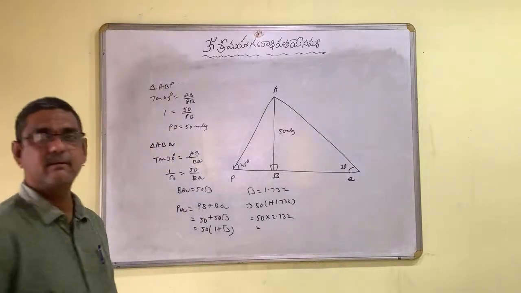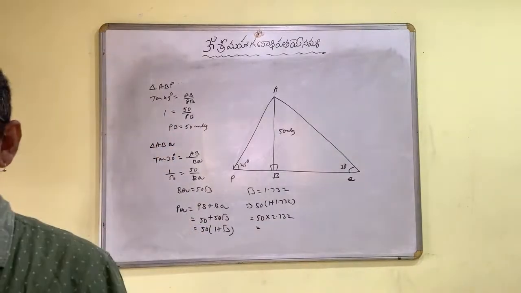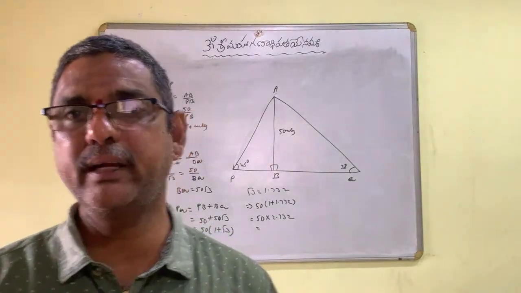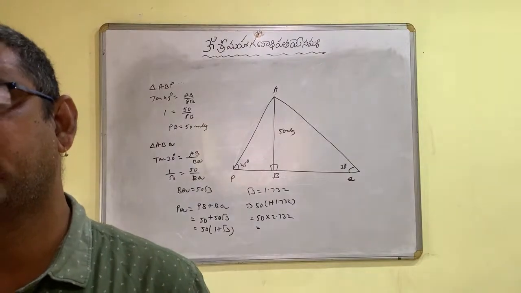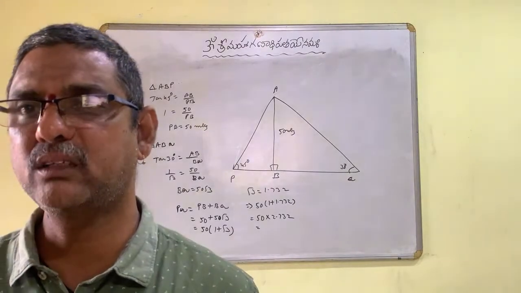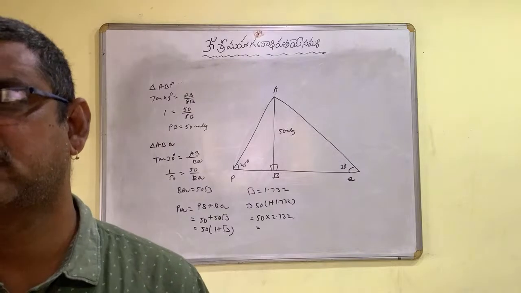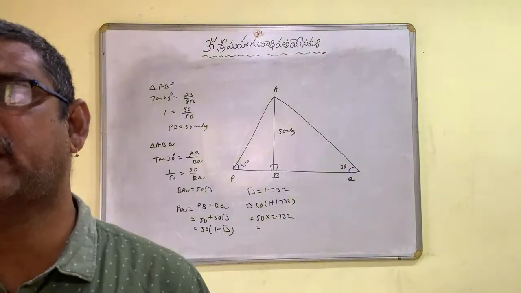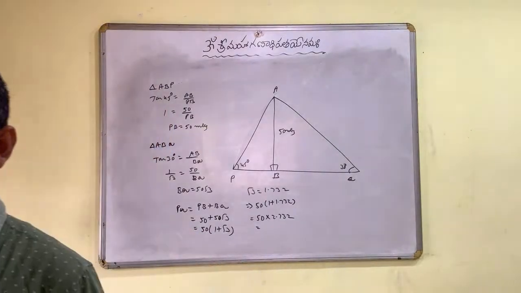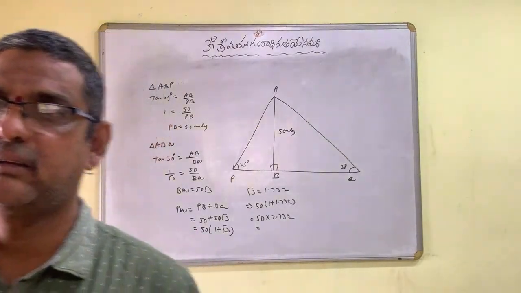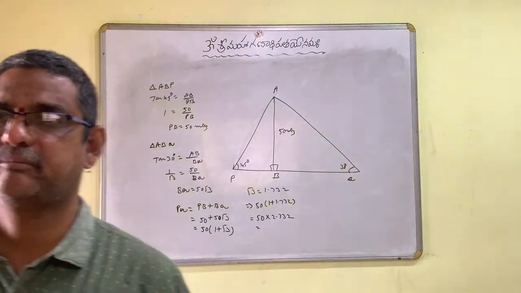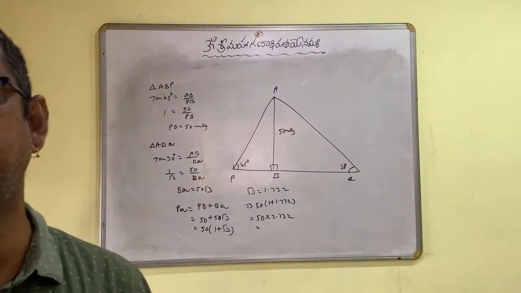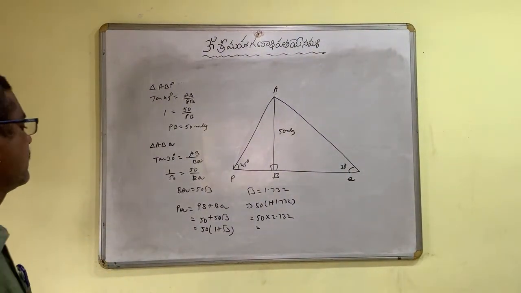How much is it? 146.6, 136.6, which is right? I'm getting two answers here. Which is right, Tulasi? 136.6. So the distance between the two men is 136.6 meters.